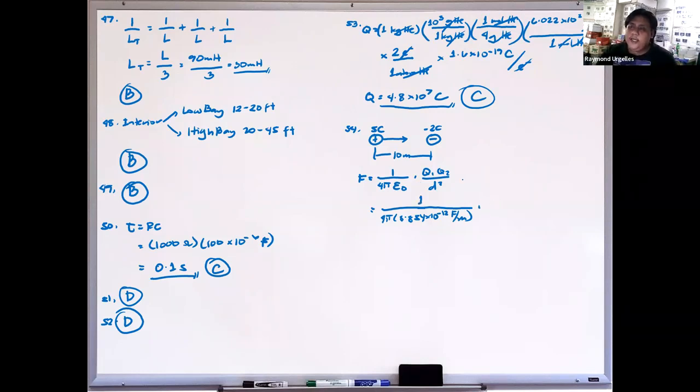Yung charge na gagamitin natin yung magnitude na lang kasi alam na natin yung direction. So 5 coulombs times 2 coulombs, divided by 10 meters squared. Pag tinry nyo isolve, lalabas dito is 9.0 times 10 to the 8 Newtons.